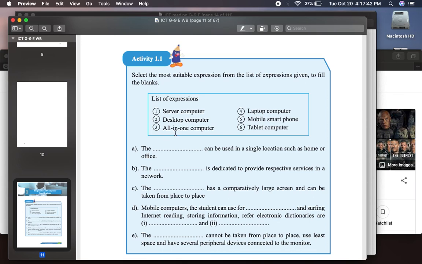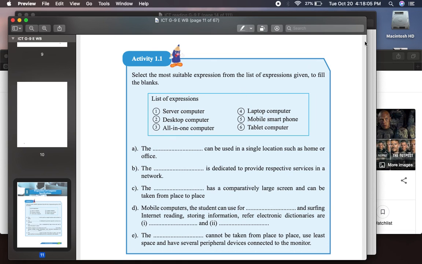So if you take a look at the list of expressions, it says the blank can be used in a single location such as home or office. So can it be a desktop computer?